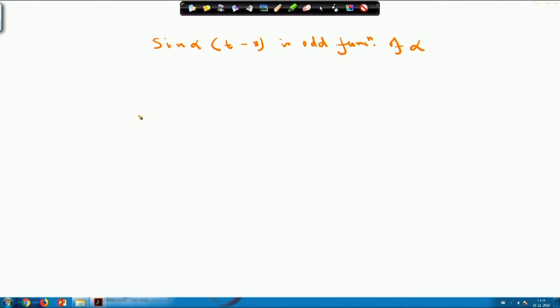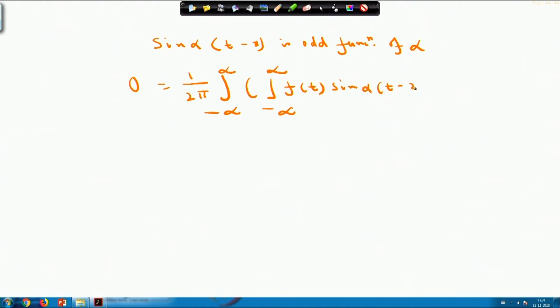So, since this is an odd function of alpha, I can write down the equation, the earlier equation that we wrote being equation 2, as 1 by twice pi, integral from minus infinity to infinity, again f(t) into sine of alpha into (t minus x) dt into d alpha. This will be equation 3. Since this is an odd function, the value will always be 0.